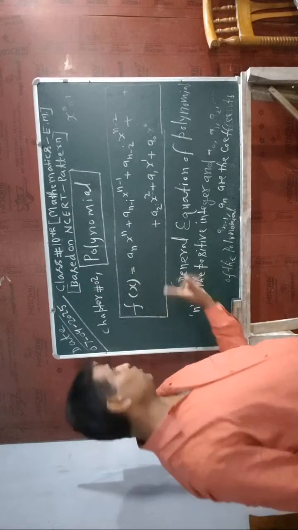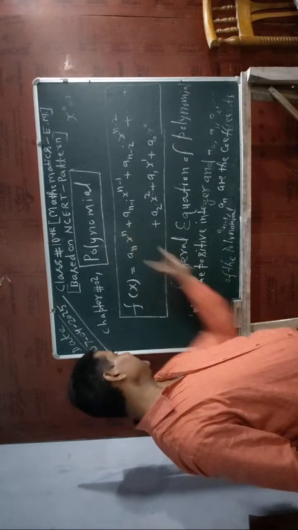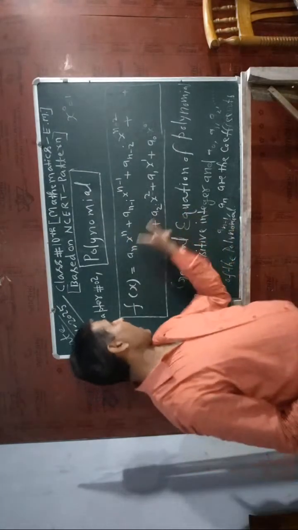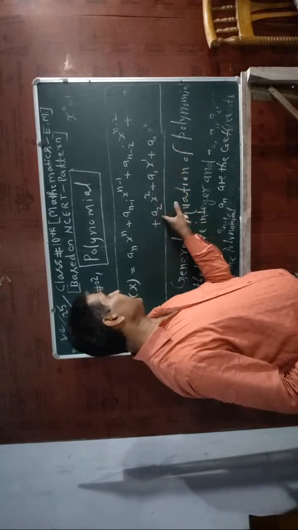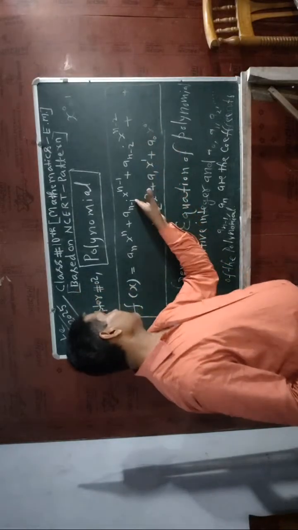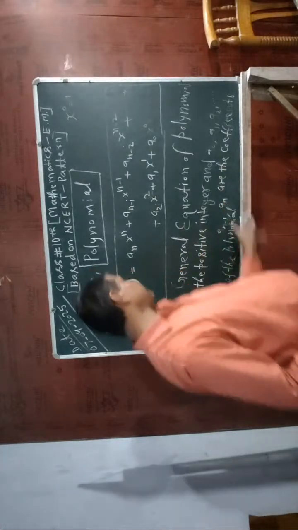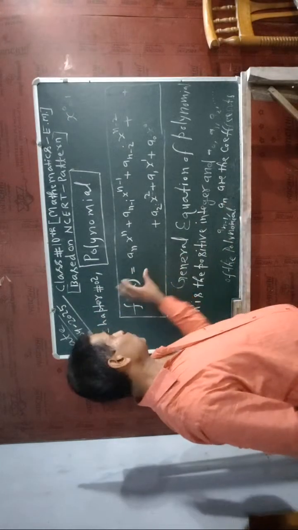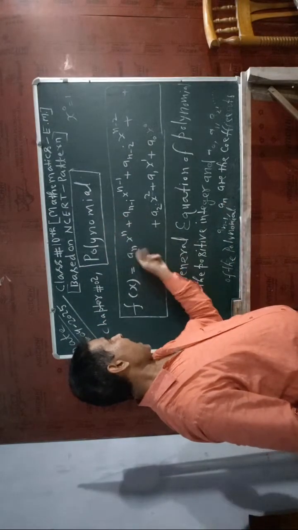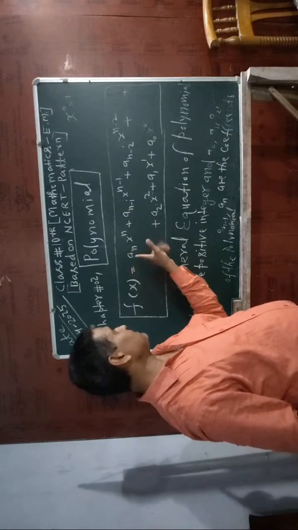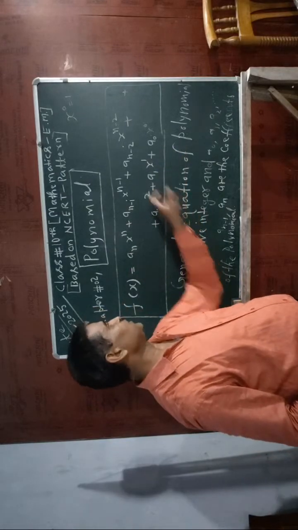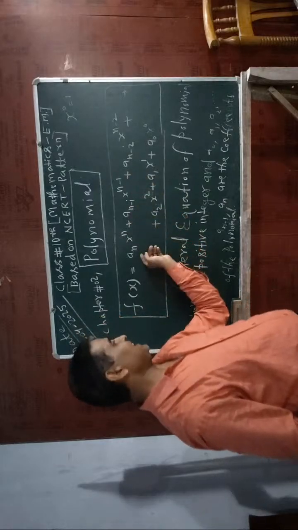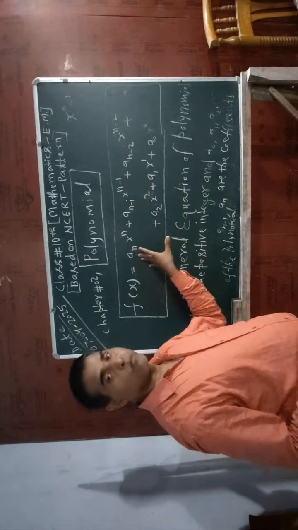Now again, listen: where n is a positive integer and a0, a1, a2, up to an minus 1, an are the coefficients of the polynomial. So this is the polynomial, and a0, a1, a2, up to an are the coefficients of the polynomial.